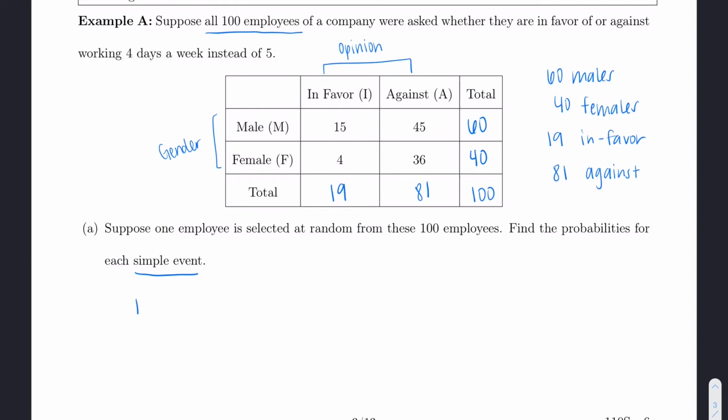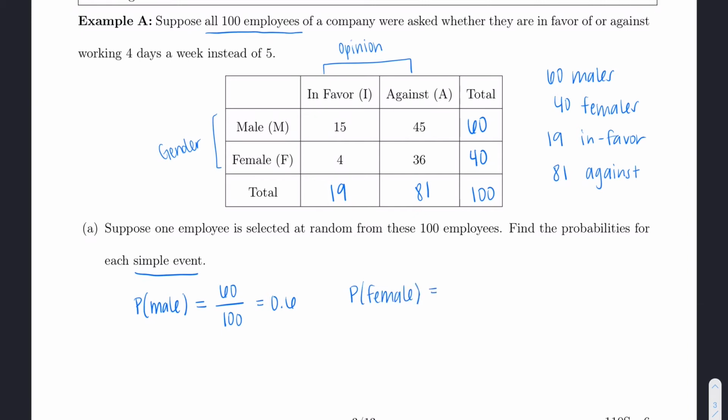Here you have probability male. I'm just going to use that relative frequency rule that we talked about last class meeting. You have 60 males over 100 total employees, so here you have 0.6. Next, I'm going to find probability female.